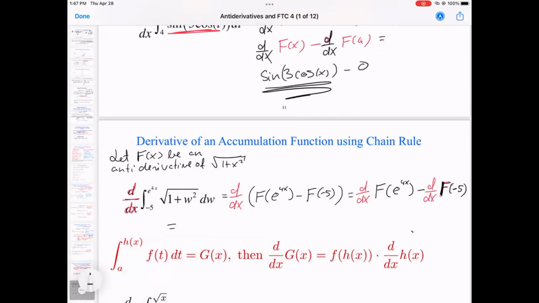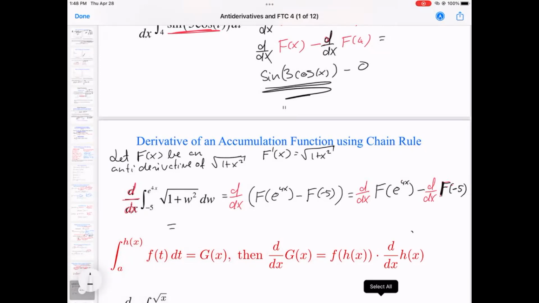All I know is that capital F exists, and capital F is an antiderivative of the radical function. So if it's an antiderivative of the radical function, that means when you take the derivative of capital F of x, F prime of x is the radical function, right? So when you take the derivative of capital F of e to the 4x, what rule do we have to use?